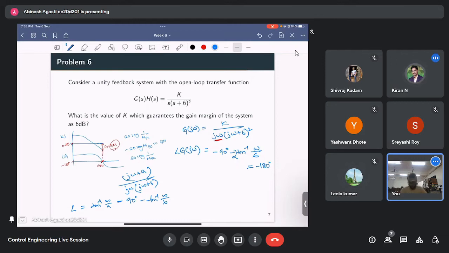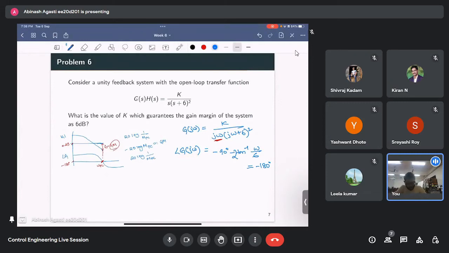Yes. Okay, so we have this term as the angle of the given transfer function. We want to find out the phase crossover frequency, that is the frequency at which this angle becomes minus 180 degrees. Correct?